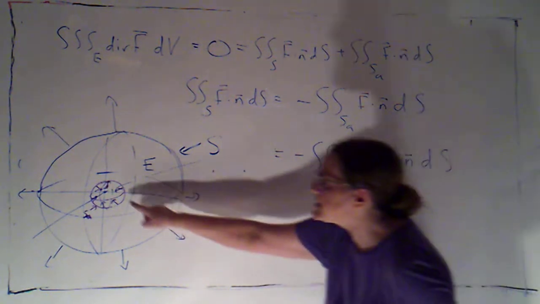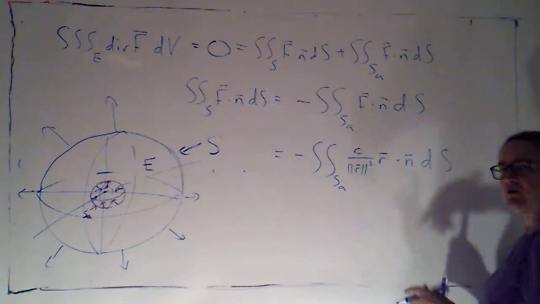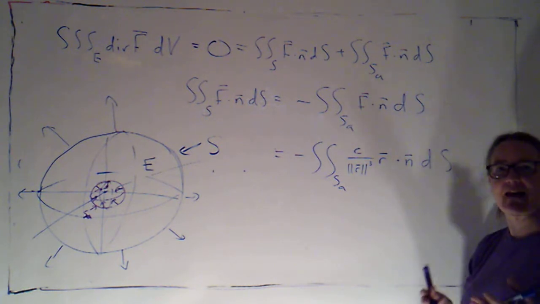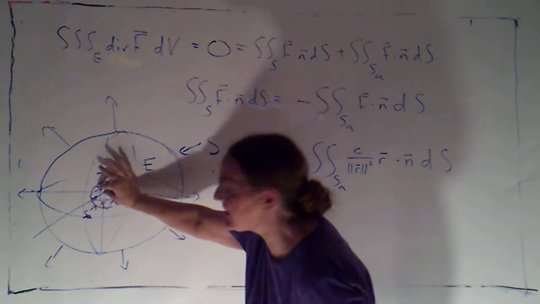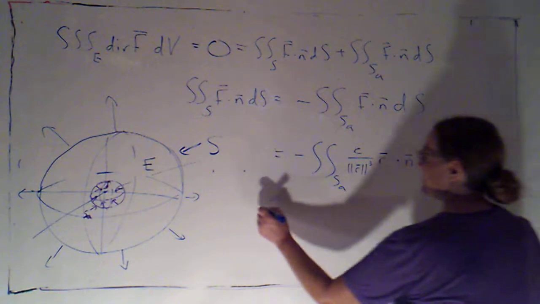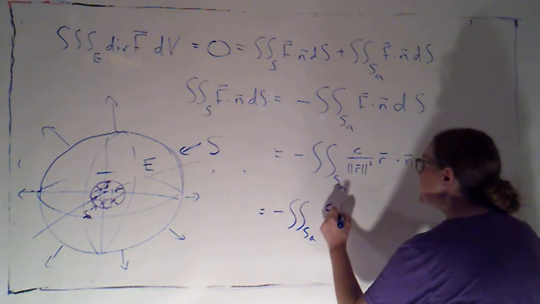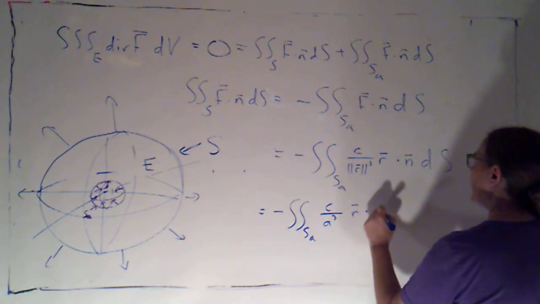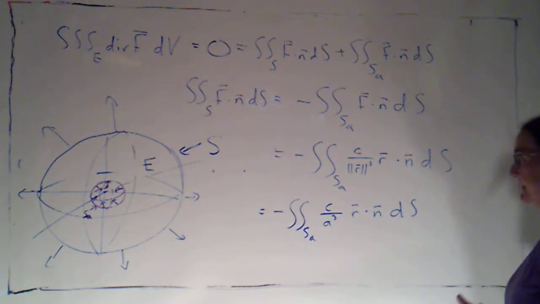Well, if I'm on a sphere of radius A, the magnitude of R is A for every point on that sphere. Every point on the sphere has a position vector that points to a point on that sphere. Its distance from the origin is A. So this is just negative the integral over S sub A of C over A cubed times R dotted with N dS. Cool.